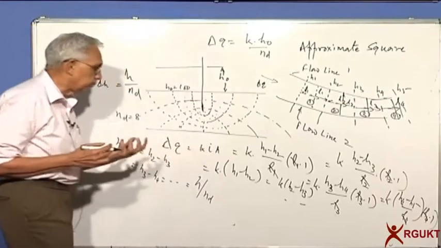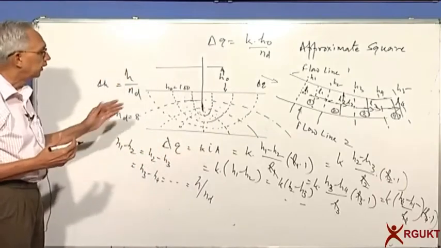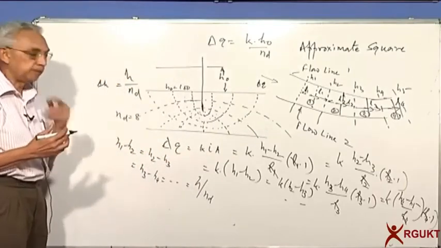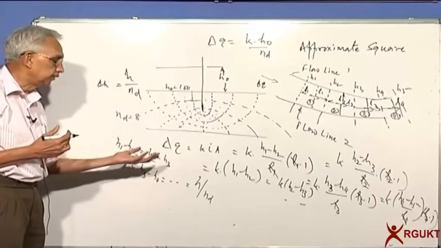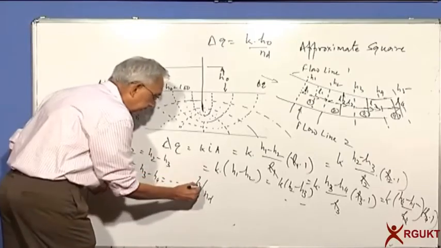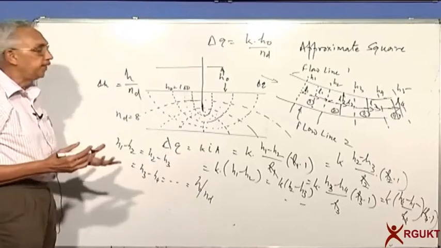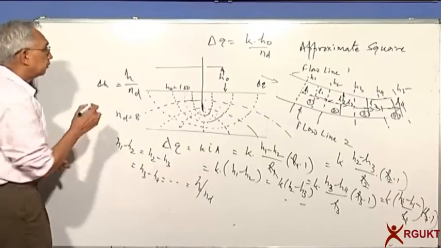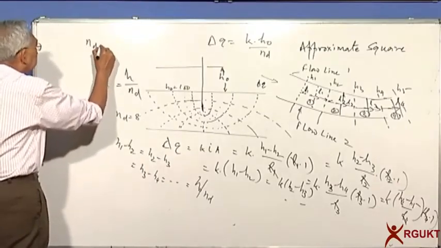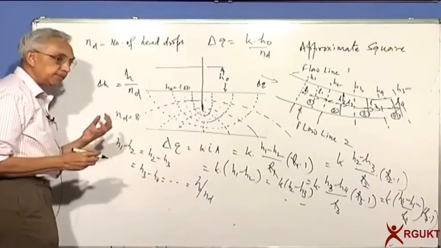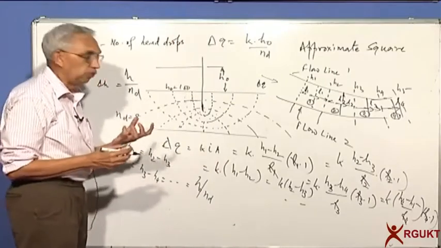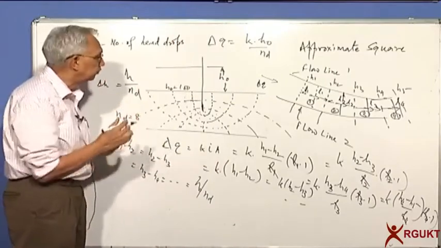So head drop across any two consecutive equipotential lines is equal to the total head loss divided by ND, where ND is the number of drops. Please note that. Now this is the flow through one flow channel, that is between two flow lines.